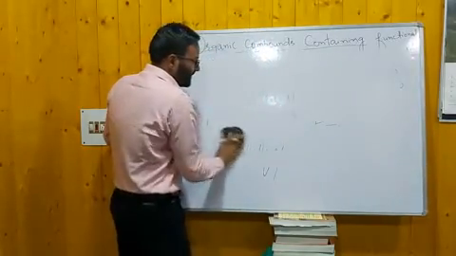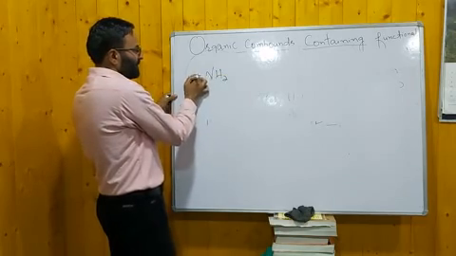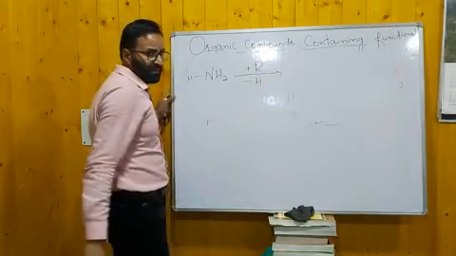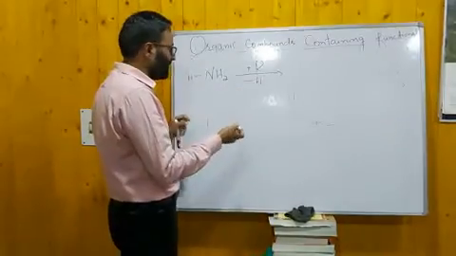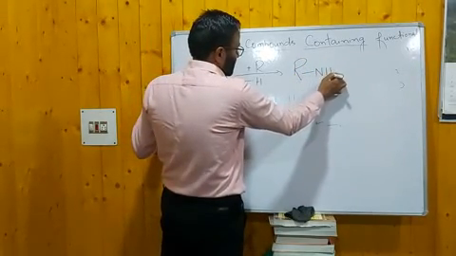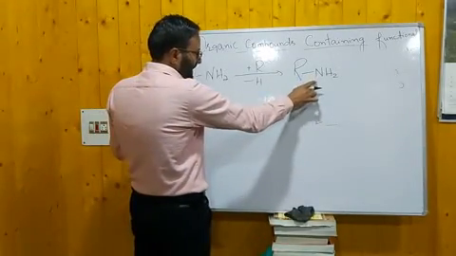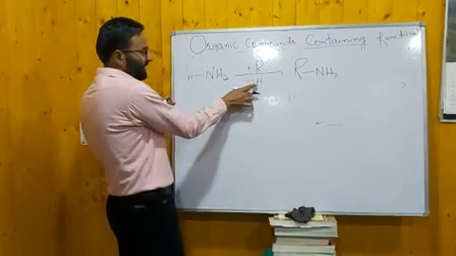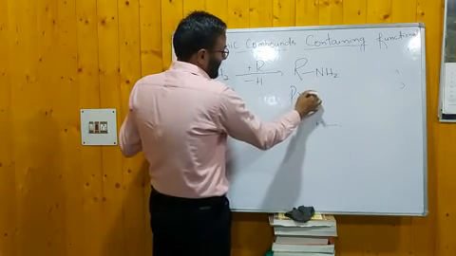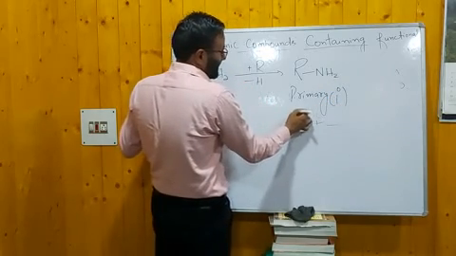If you have the ammonia, and you replace the first hydrogen by R, you will have R-NH2. The amine obtained by replacing one hydrogen by R is known as primary amine, or 1 degree amine.